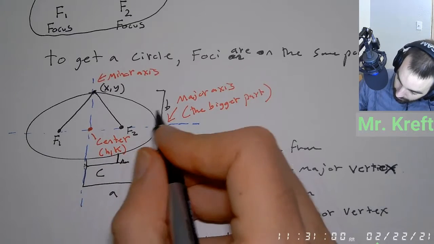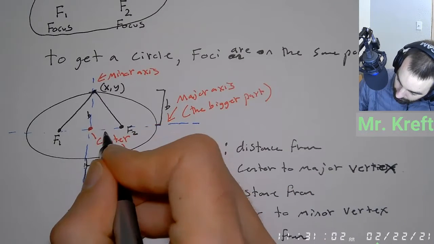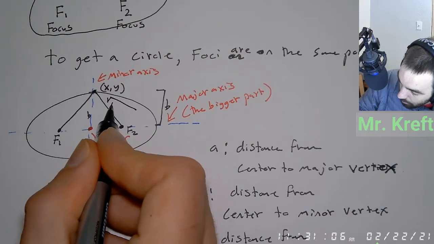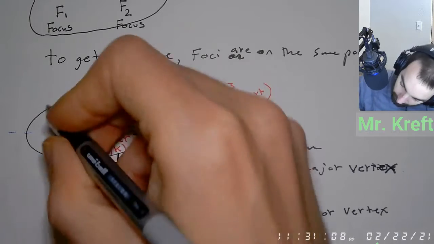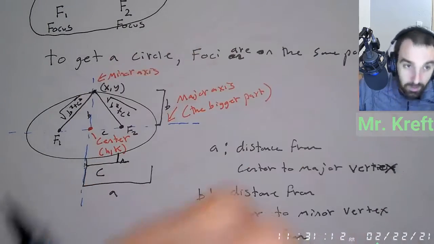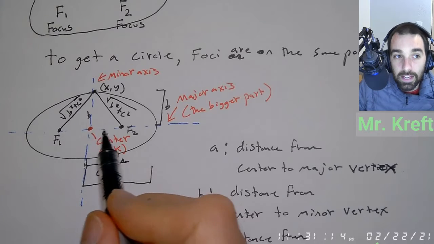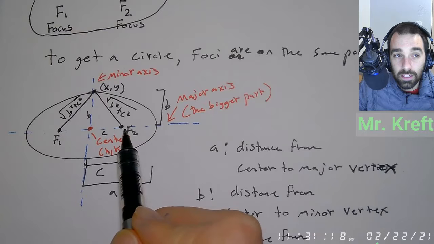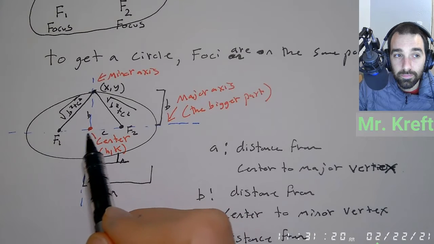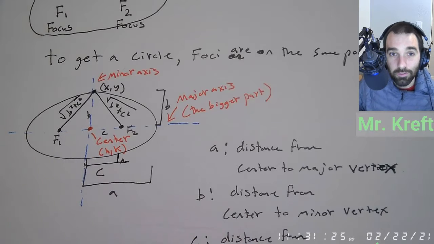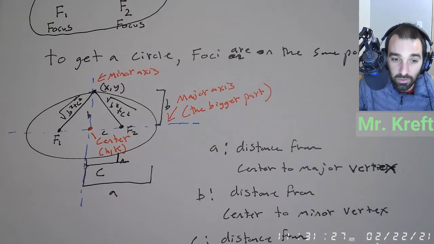So using this, right, if this height is b and this is c, then this distance right here is going to be the square root of b squared plus c squared, and this is going to be the square root of b squared plus c squared. Right? So if that definition holds true, then this should be an isosceles triangle. Okay, so they have to be the same distance from the center. Does that answer your question?